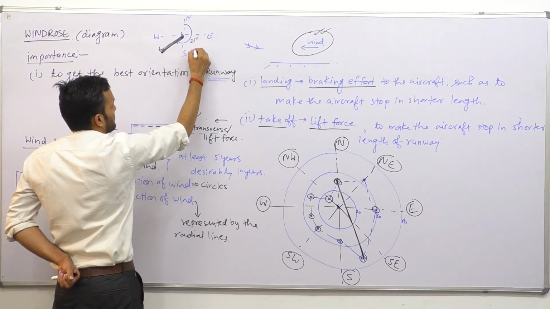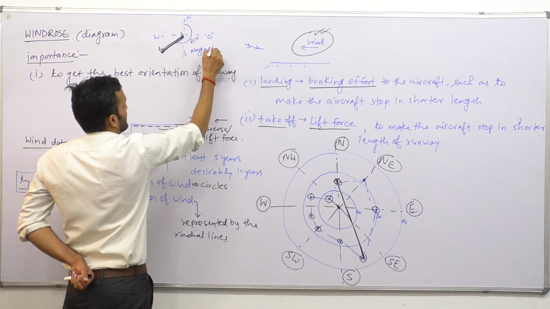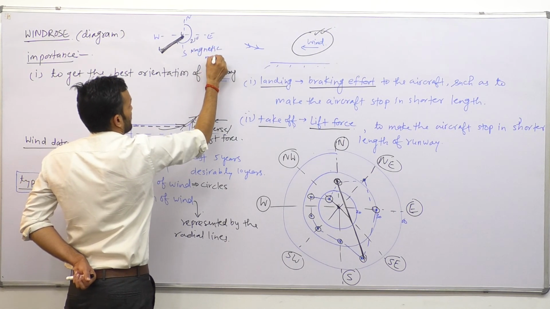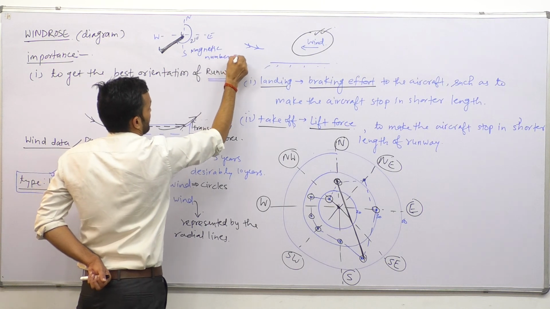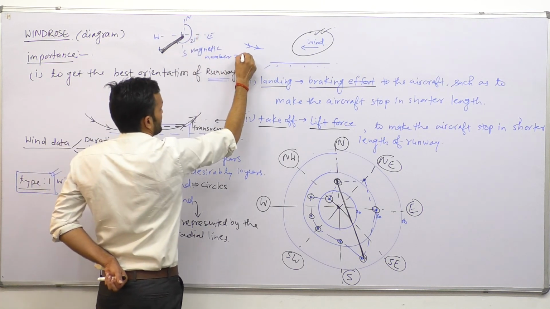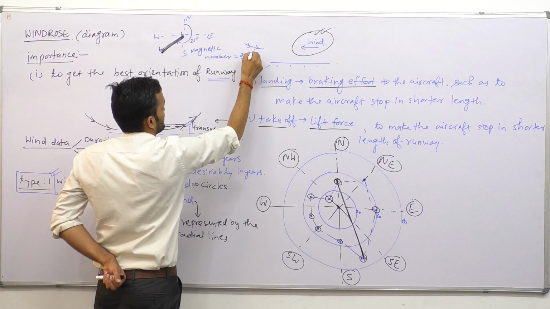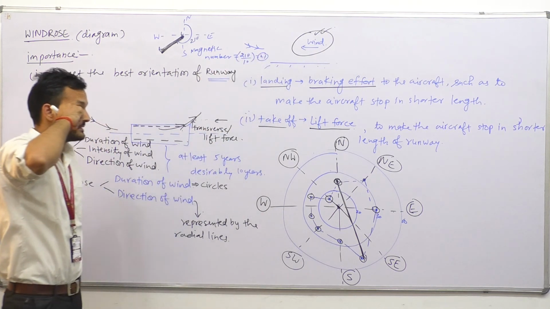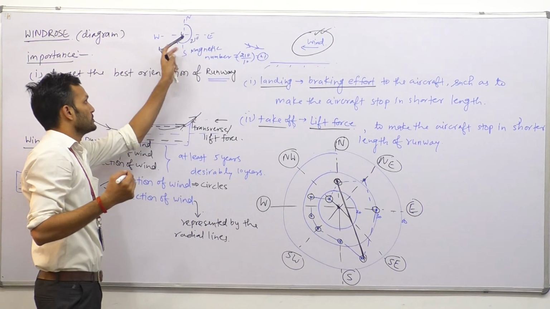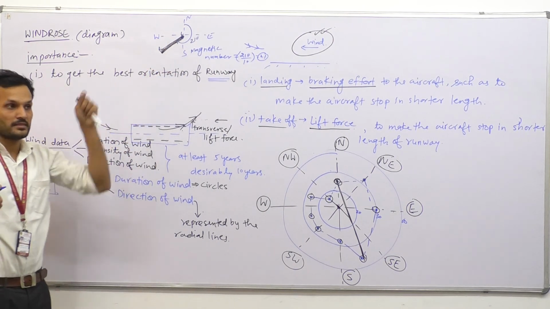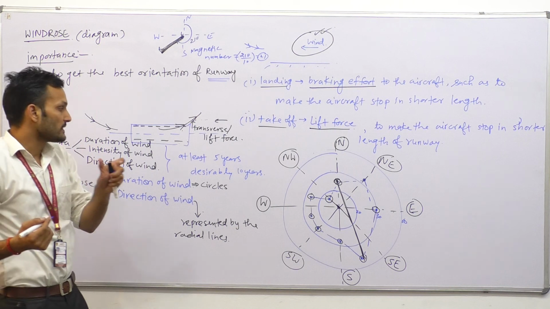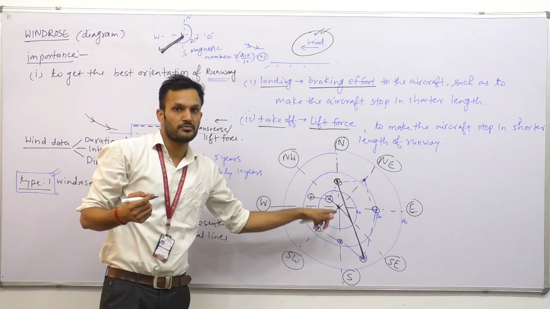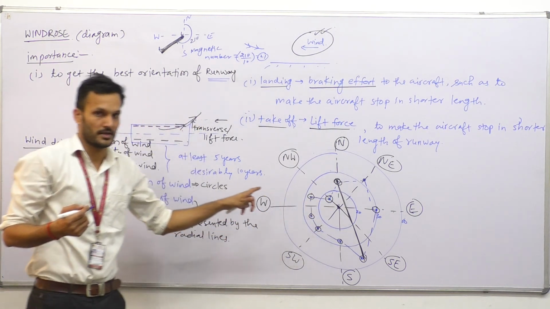So the magnetic number is this whole circle bearing divided by 10, in multiples of 10. So this is 21. On runways you can see numbers like 21, 27, 8, 6, 5. That number is representing the magnetic number of the runway orientation.